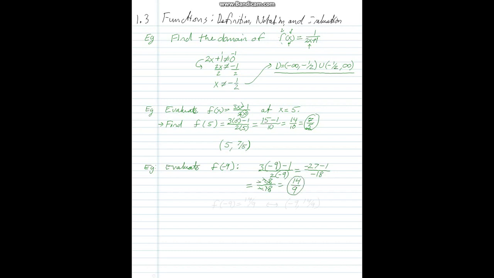So, f of negative 9 equals 14/9. Another way to say that would be that the ordered pair (negative 9, 14/9) is part of our function.